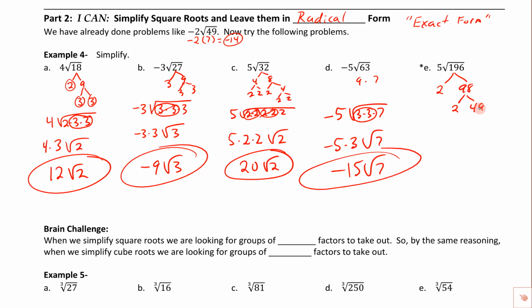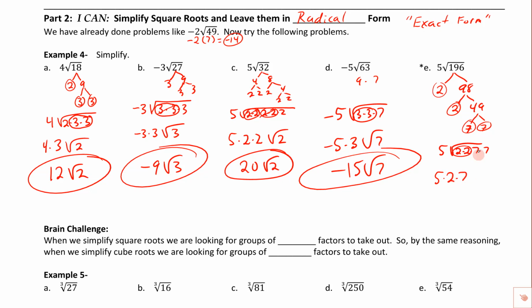Now once you get to 49, that should be pretty easy because that's a number that we recognize, so that would be 7 times 7. So we have a 5 on the outside, we have a 2, a 2, a 7, and a 7. So again, all of these ends of these branches right here on this factor tree. So we've got a 2 on the outside to represent that pair of 2's on the inside.